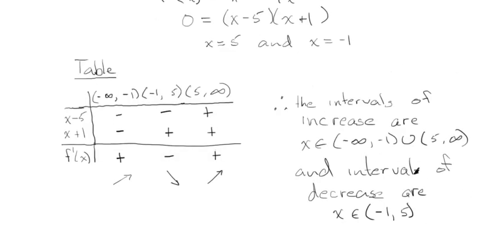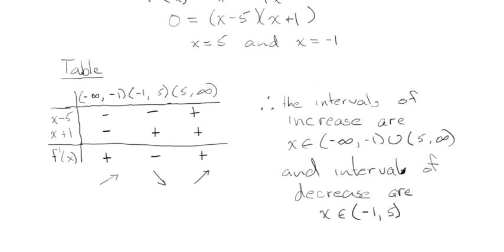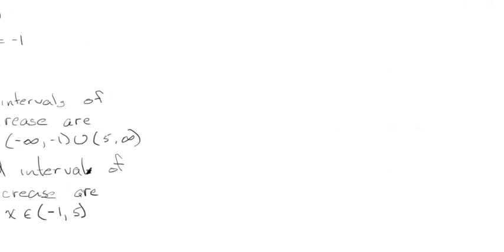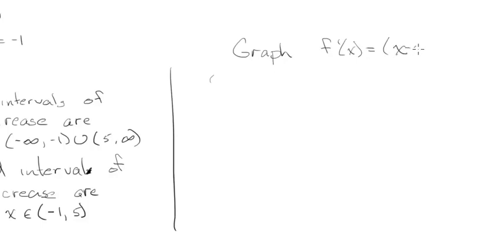You can also solve the inequality using a graph. So let's just take it over here. We could graph that derivative function. The derivative function f prime at x was equal to x minus 5 times x plus 1.